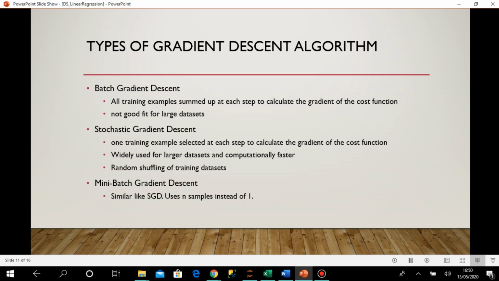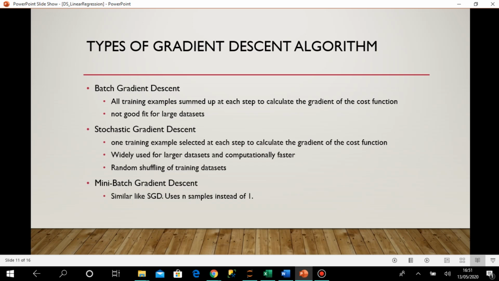Okay, so there are three types of gradient descent algorithm: batch gradient descent, stochastic gradient descent, and mini batch gradient descent. In batch gradient descent, all training examples are summed up at each step to calculate the gradient of the cost function.